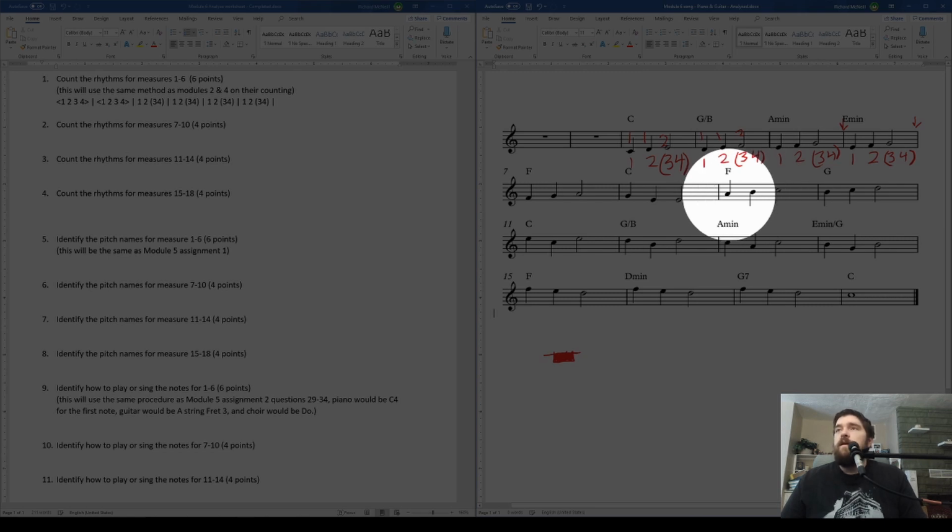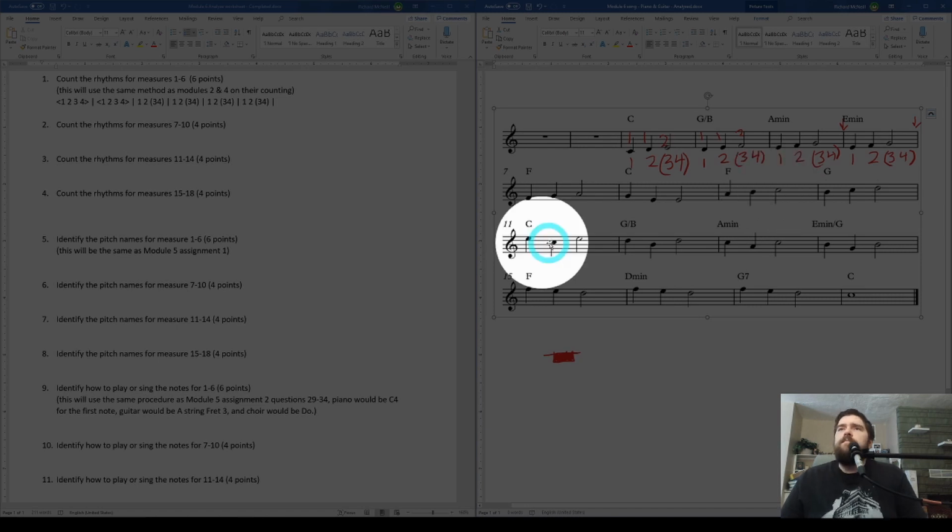This note right here is still a quarter note. That note right there is still a quarter note. That note right there is still a quarter note. This note right here is still a half note. It doesn't matter if it's upside down, right side up, whatever, you read it from left to right, staying within the measure.